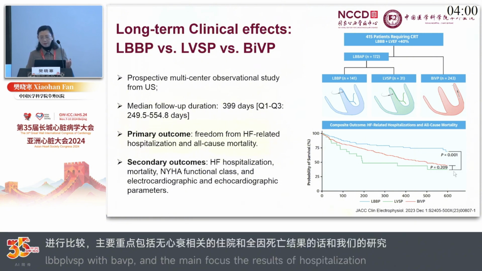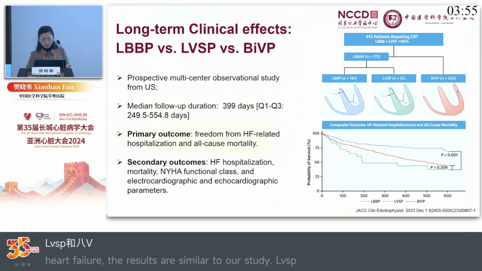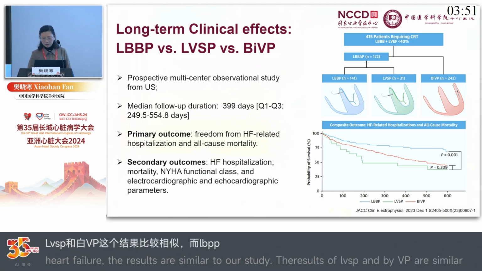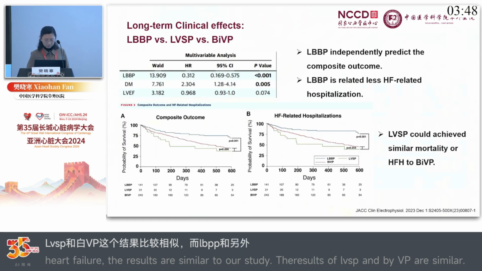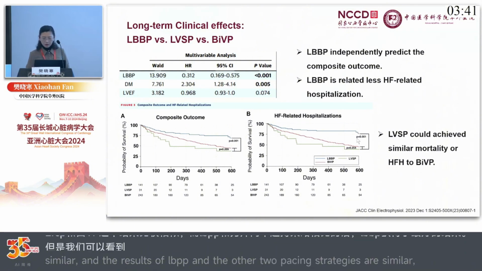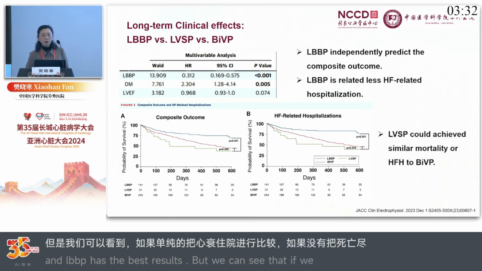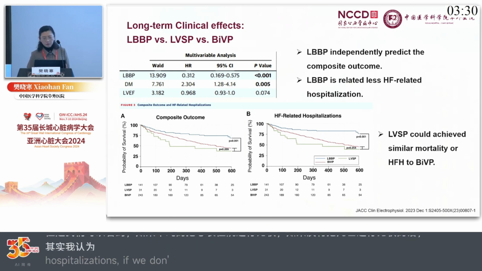LBSP had the similar result to BIVP, and the LBBP had the best result when compared with other pacing strategies. But we can see they just compared the heart failure hospitalization. They did not compare the mortality. I think the mortality might be the most important clinical outcomes for patients with heart failure.